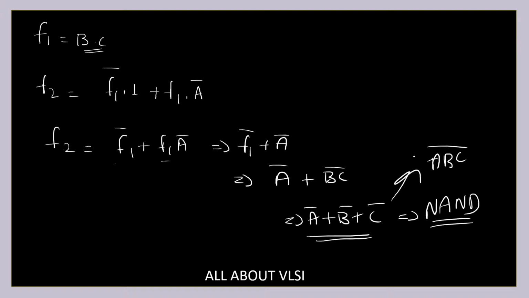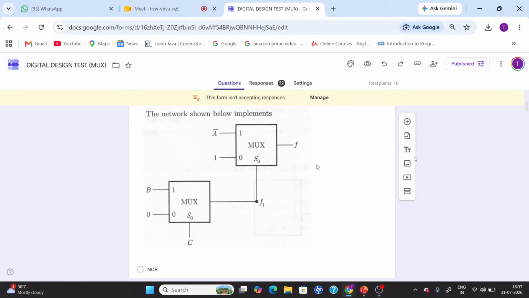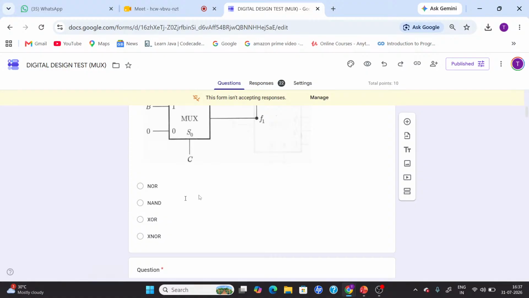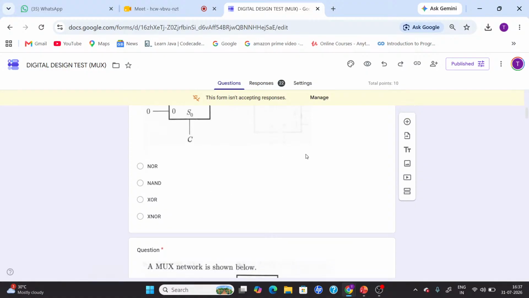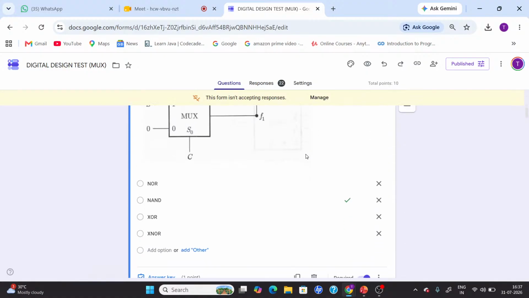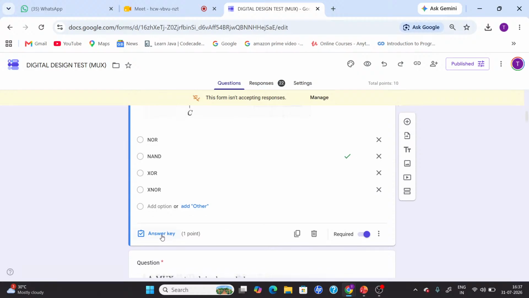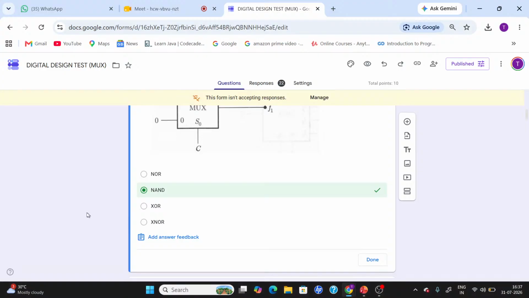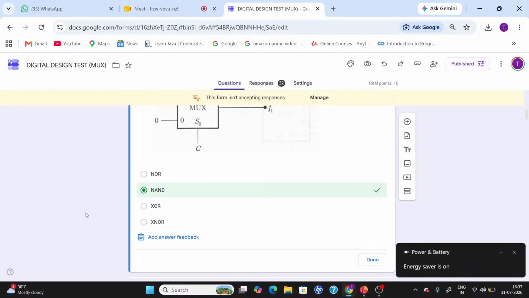So I'm getting a NAND gate over here. Is there any answer as NAND gate? Yes, we have an answer as NAND gate. Let me cross verify whether the answer is correct or not. Yes, NAND is correct. Is it clear? Any doubts or any queries in this particular question?